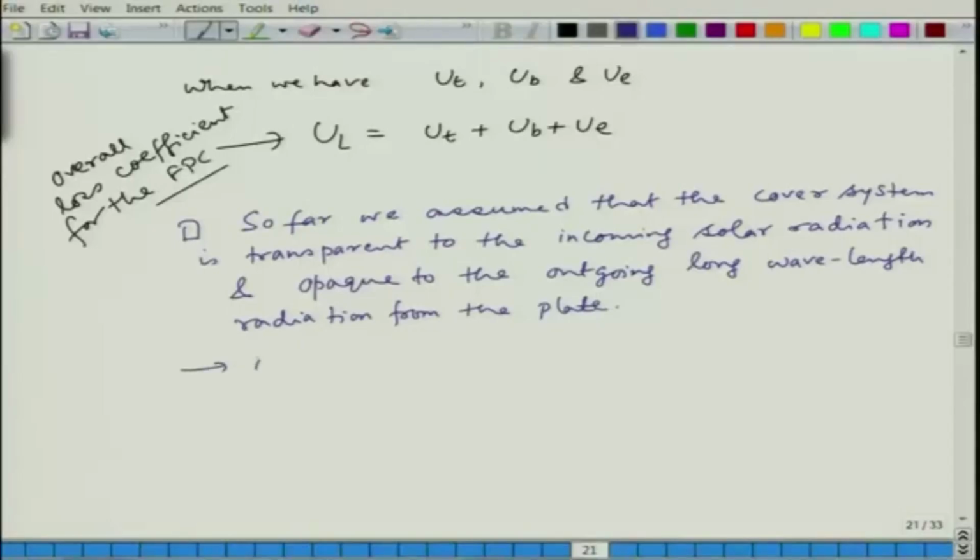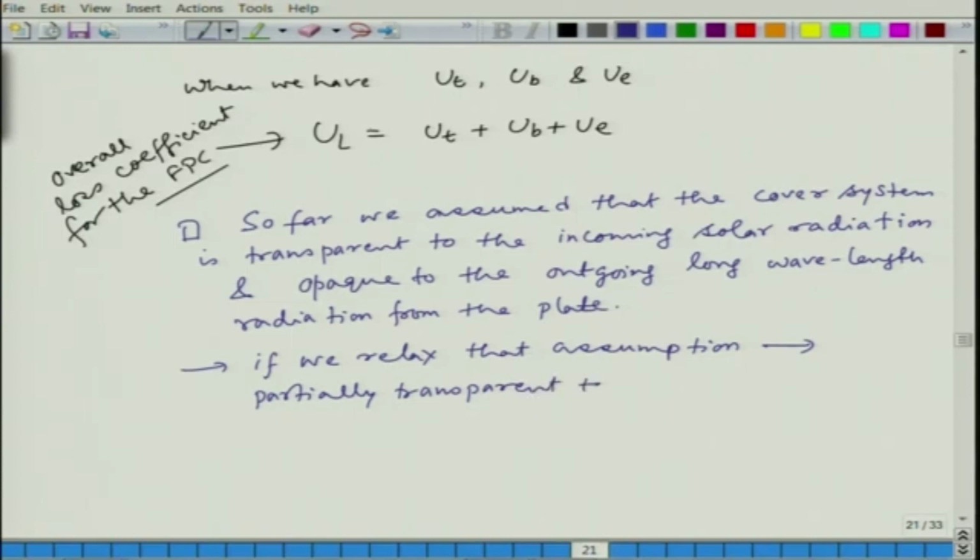So, if we relax that assumption and say the cover system is not completely opaque, but partially transparent to the long wavelength radiation, so it is partially transparent to the plate radiation. If you have done the radiation course, you will appreciate this.